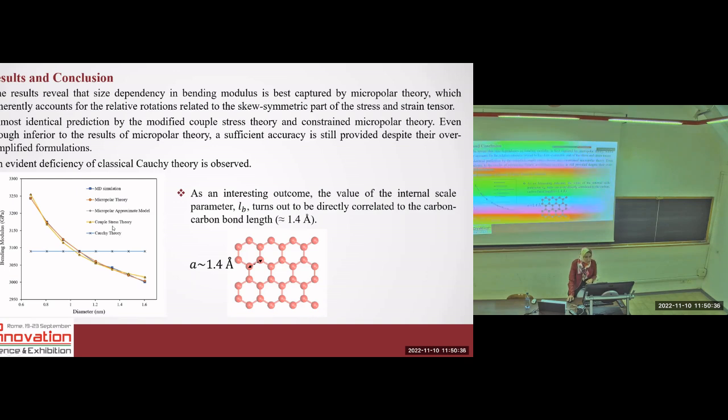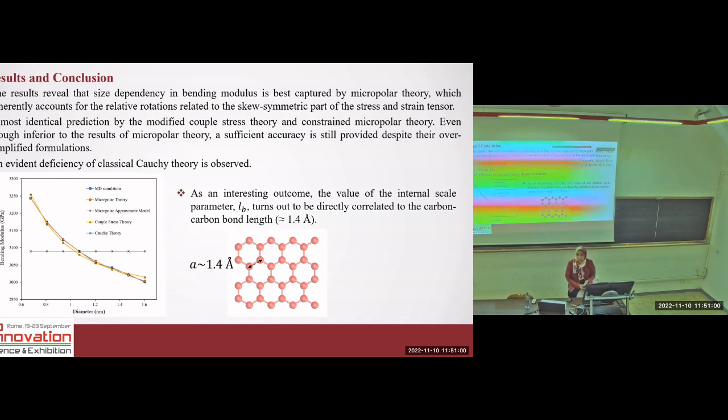And there was an interesting result: we automatically found the internal length of the structure, which was 1.4 angstrom, directly related to the bond length in carbon nanotubes. So it shows the competency of our method, that the parameters found have physical meanings.